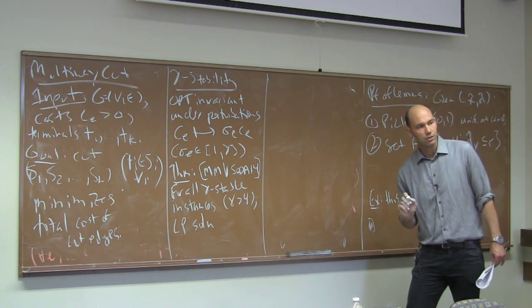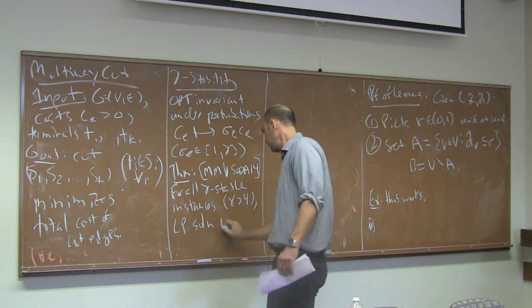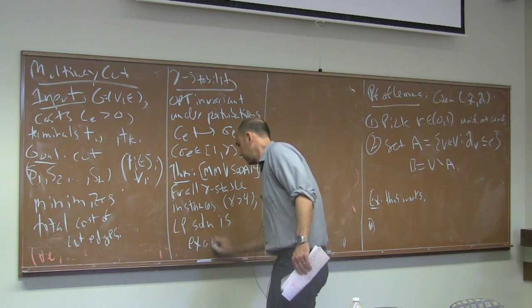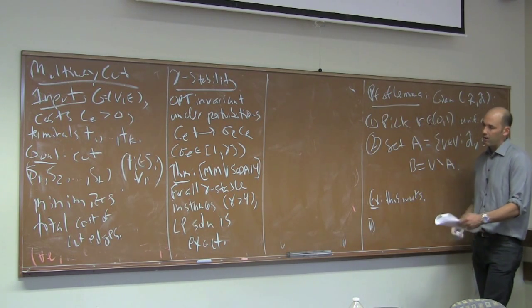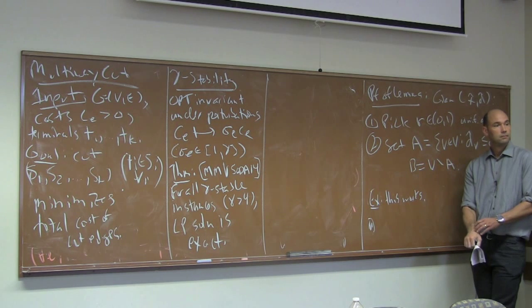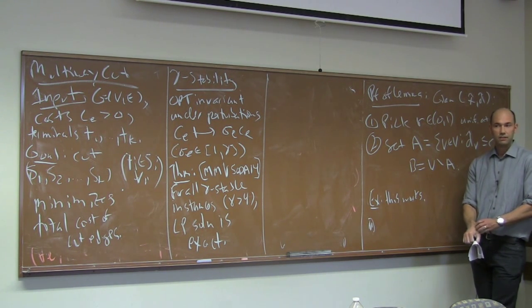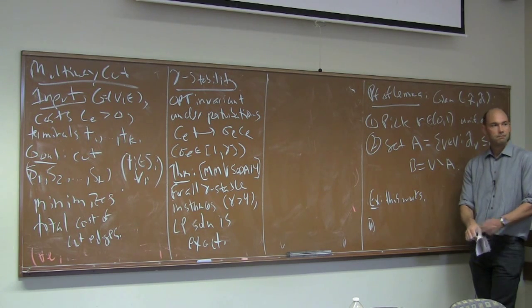So it does solve to an integer solution. That's what I want to prove for the rest of the lecture. So that's very nice: solve an LP, get what you want.